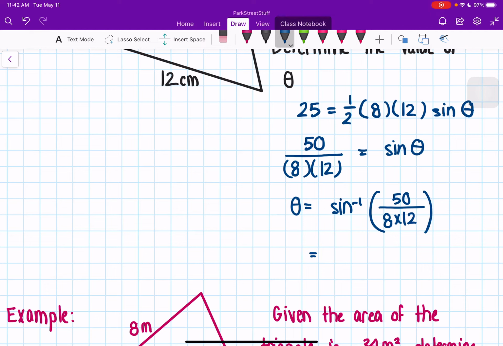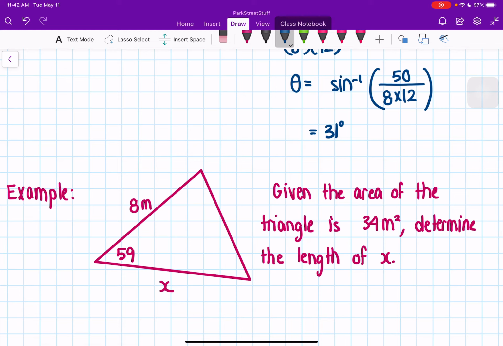And then remember, you're going to use your calculator. Please make sure that you are in degree mode. Otherwise, your answers are all going to be off. And that will give us 31 degrees. Now remember, with angles, we generally are always just going to go to the nearest whole number.